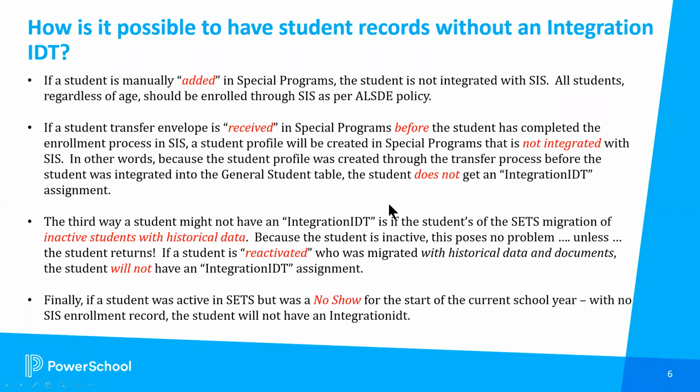The second thing that happened is kind of the same kind of issue. We had a lot of students that were being moved between other districts in Alabama. The student transfer envelopes, in many cases, were sent, sometimes even before they were requested.